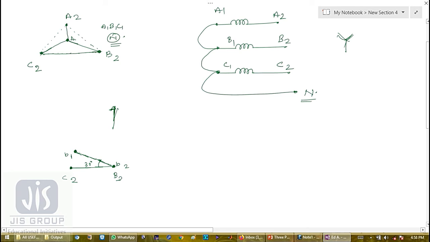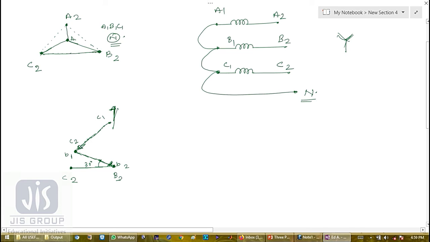So we know for delta connection B1 is connected with C2. So this is my C2. This is my C1. So this will be my arrow.